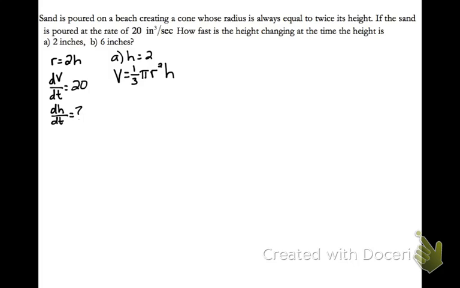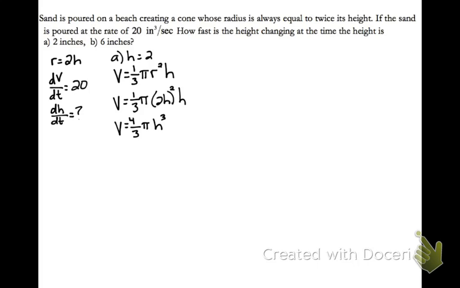We know that r equals 2h. So in terms of just the height, if r is equal to 2h, and we square 2h, then the volume of our cone in this case is 1/3, should be 4/3 pi h cubed. So now I have the volume in terms of just the height.